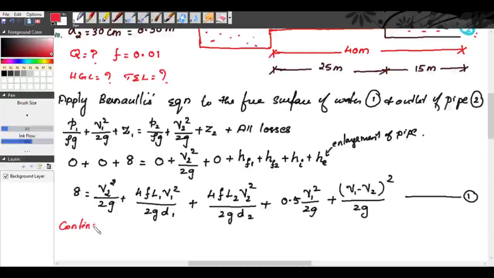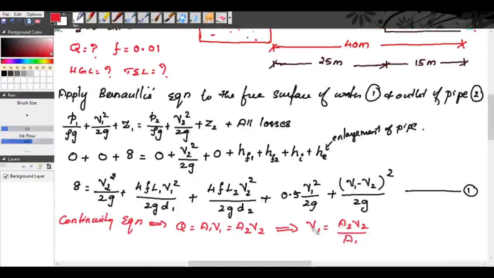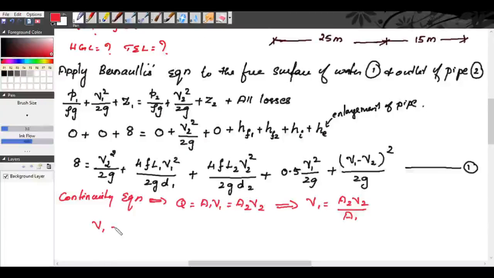So we know continuity equation is Q is equal to A1 V1 is equal to A2 V2. Writing V1 in terms of V2, we get V1 is equal to A2 V2 by A1. Now we know V1 is equal to A2, which is pi D2 square by 4, into V2 by pi D1 square by 4.